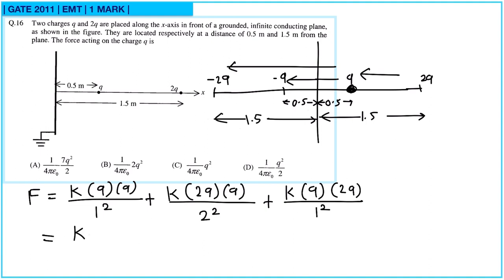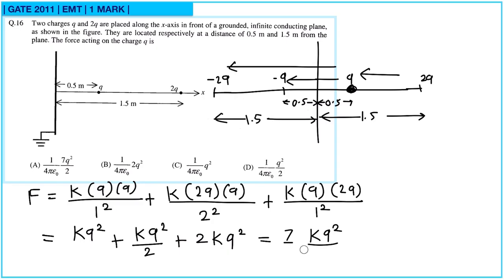So this is equal to KQ square by 1, that is KQ square only, plus 2KQ square upon 2 square, so this will be by 2, plus this will be 2 into K into Q square. So this will be 3 plus half, that is 7 by 2 into KQ square, that is 7 by 2 into Q square upon 4 pi epsilon naught. So we have option A here.